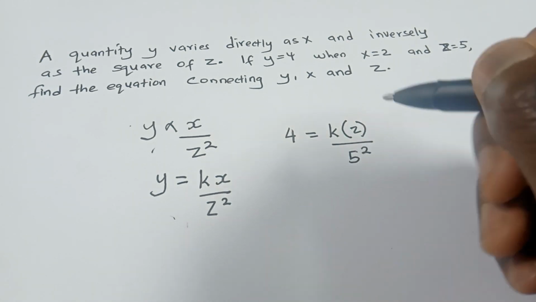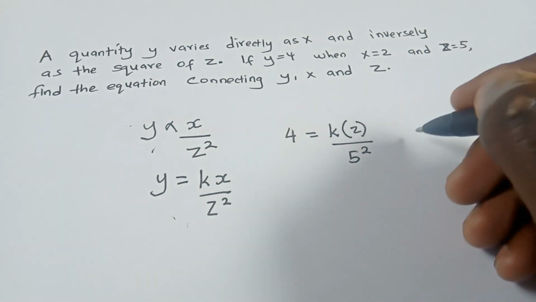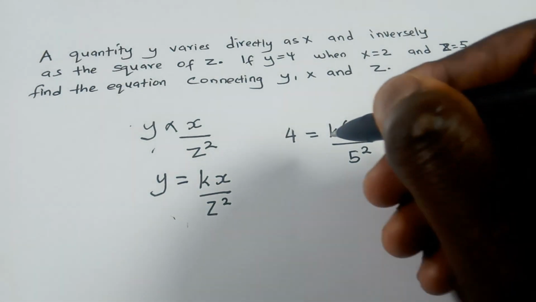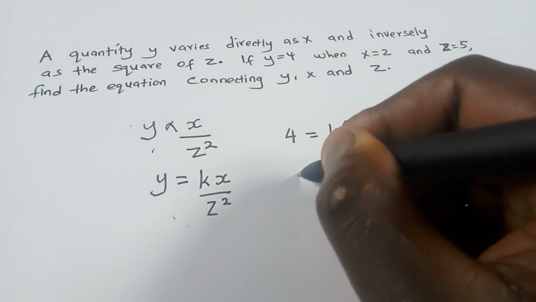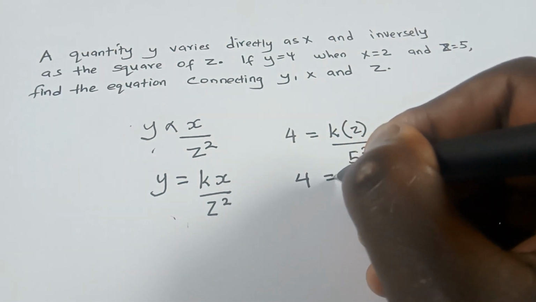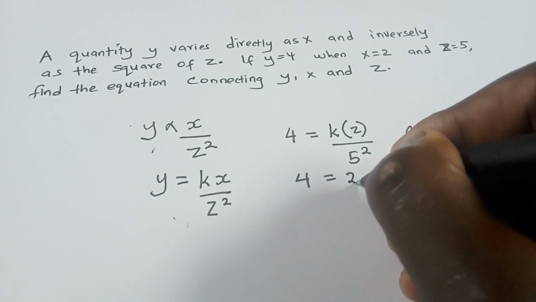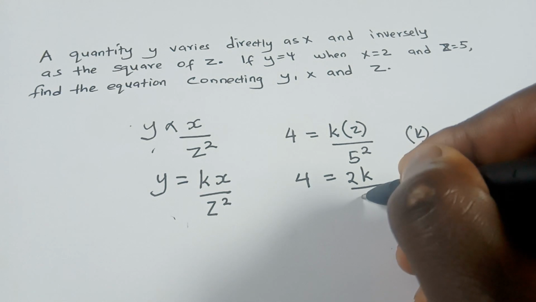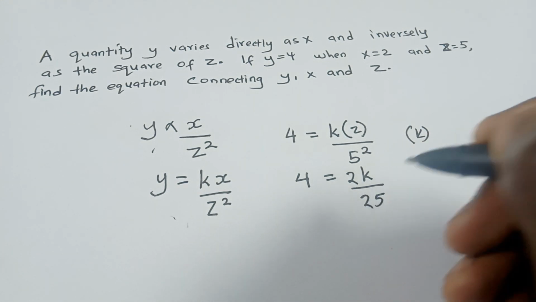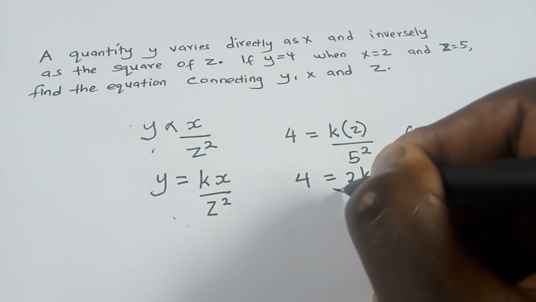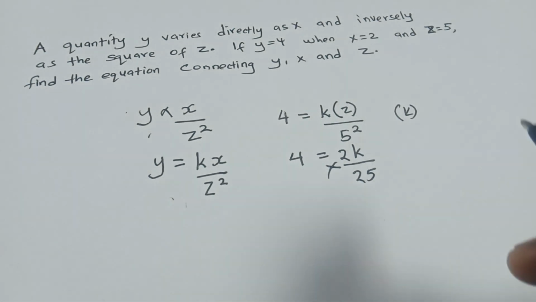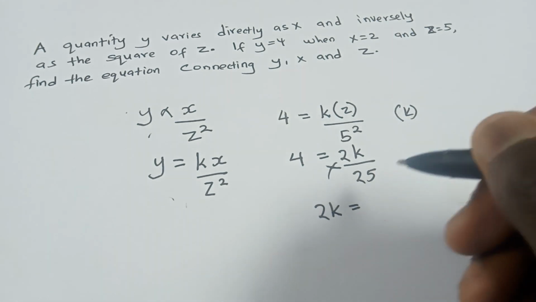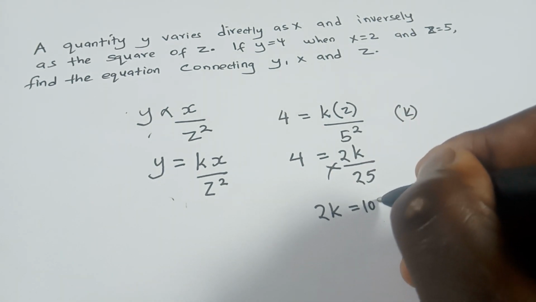So we can determine the constant of proportionality, and to determine it, we are going to solve the equation. We have 4 is equal to 2 times k is equal to 2k over 5 squared is equal to 25. So when we cross multiply, we will get that 2k is equal to 25 times 4 is 100.